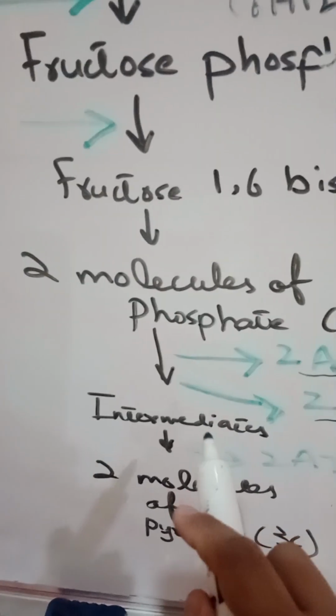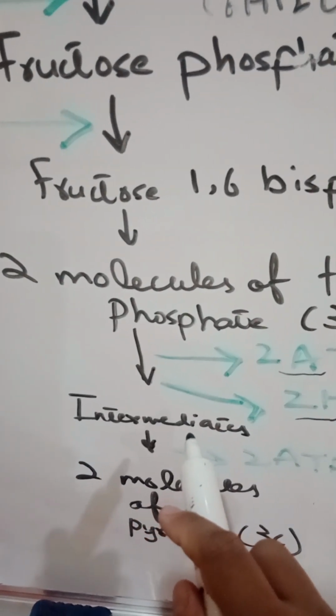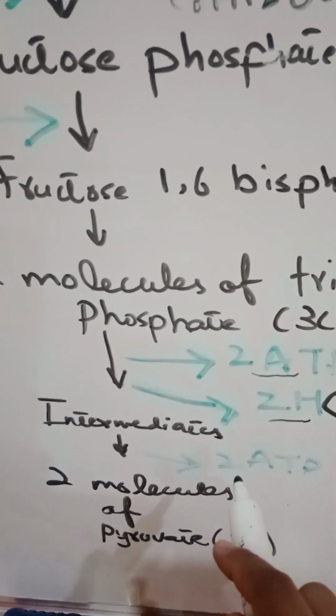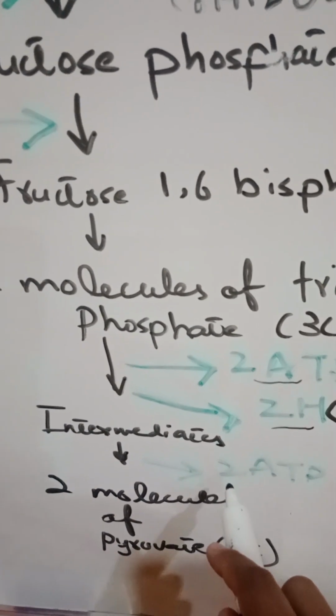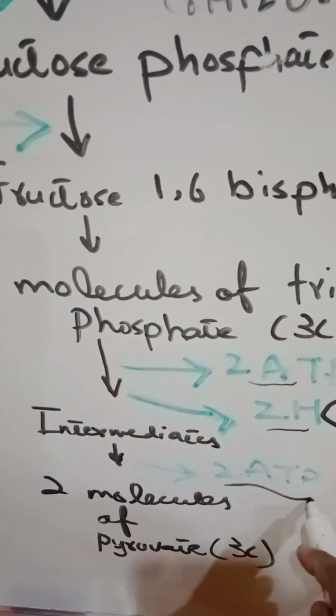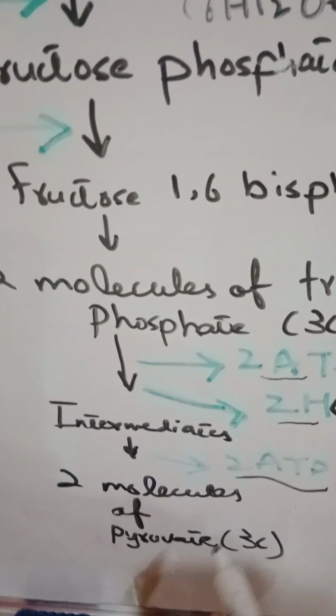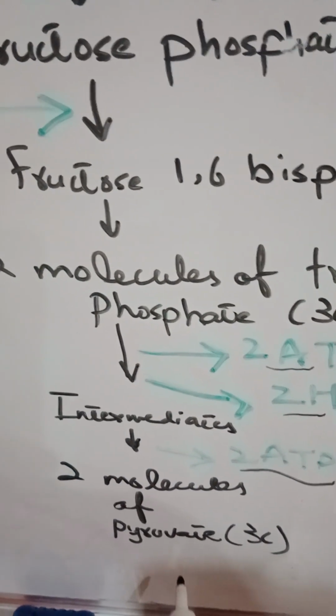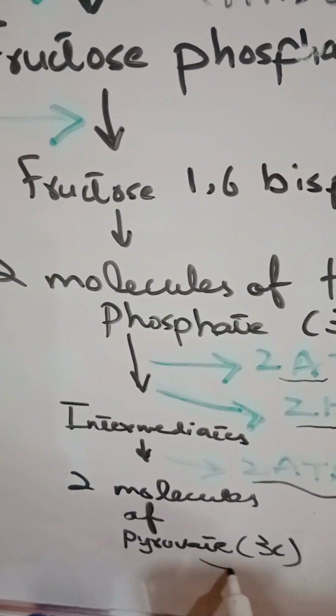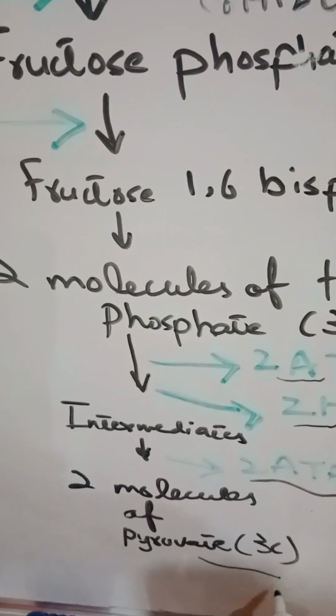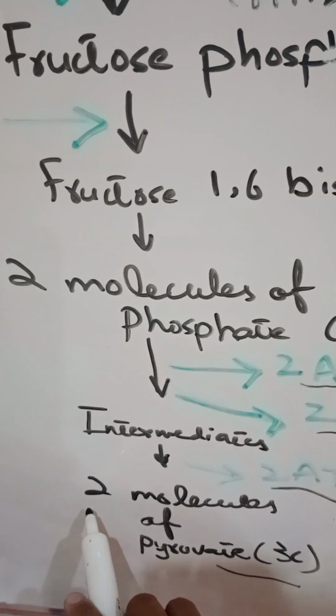Then there will be formation of more intermediates. Again 2 ATP will be produced, and the final product will be pyruvate, which is a 3 carbon molecule. Now we are getting 2 molecules of pyruvate.